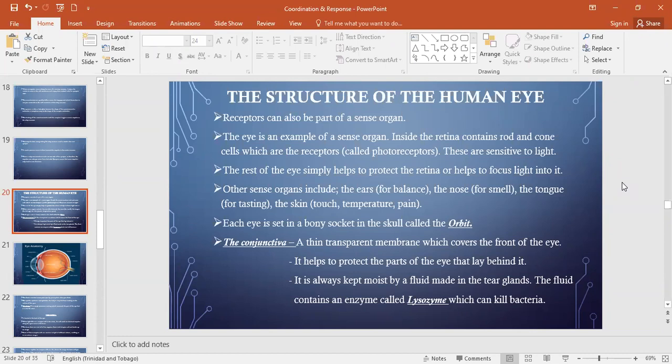So when dust or anything that shouldn't enter your eye tries to enter, your eye will start to burn. And when it burns, it will cause you to tear up, which will help to flush out whatever pathogen is trying to enter your system. So it's all protection as well.